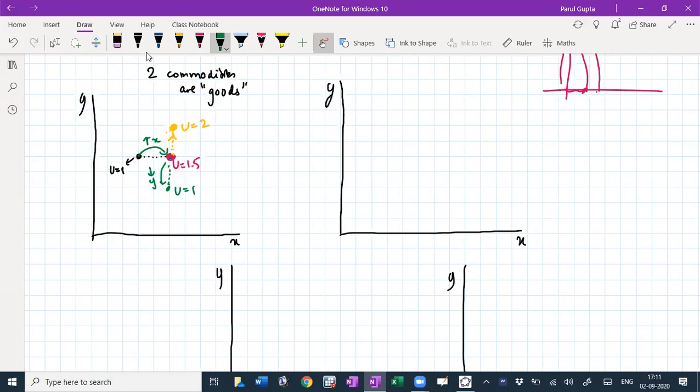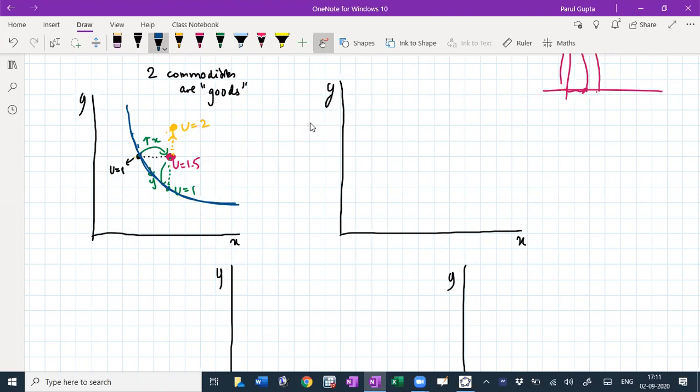That's why we get this kind of downward sloping shape of indifference curve when both the commodities are goods, that is, both are desirable. More of both goods is better in this case. We'll now compare it to another case where the commodities are not both goods.